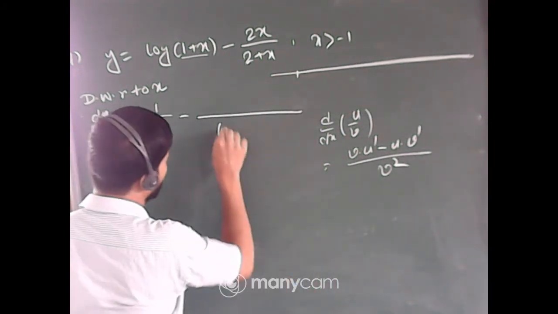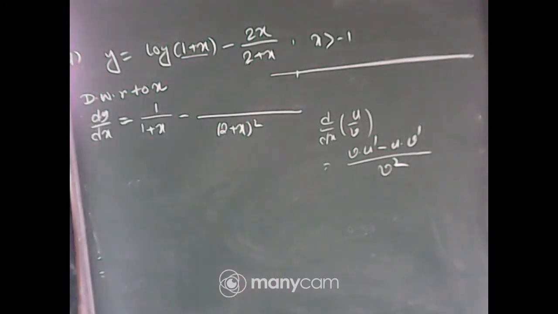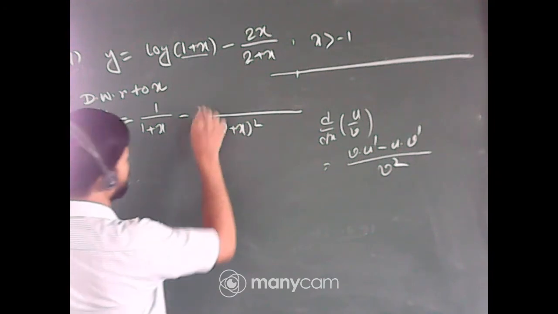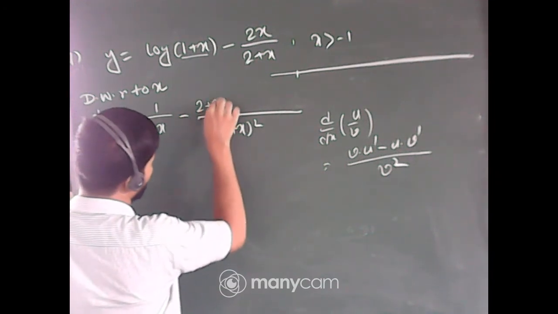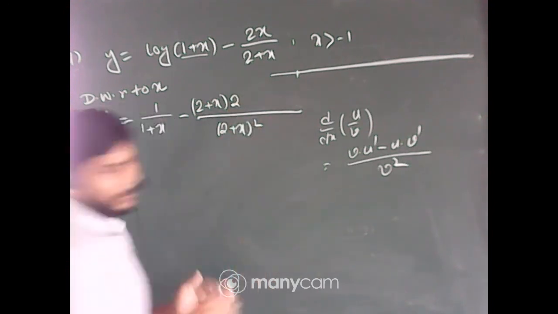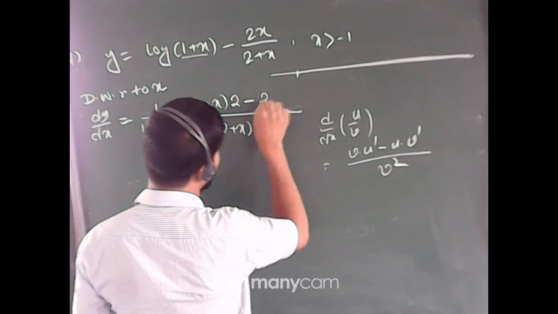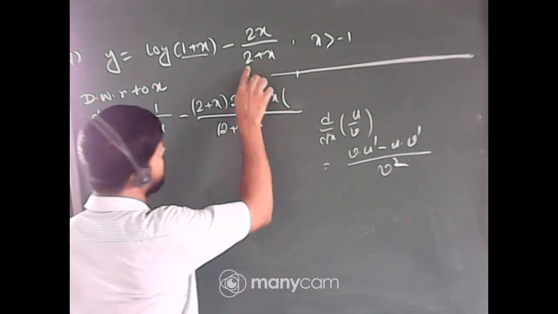So v square means (2 plus x) whole square, and here v is fixed, meaning the second function is fixed, and the derivative of the first function, the derivative of 2x, is 2, minus, now the first function is fixed and we take the derivative of the second function.